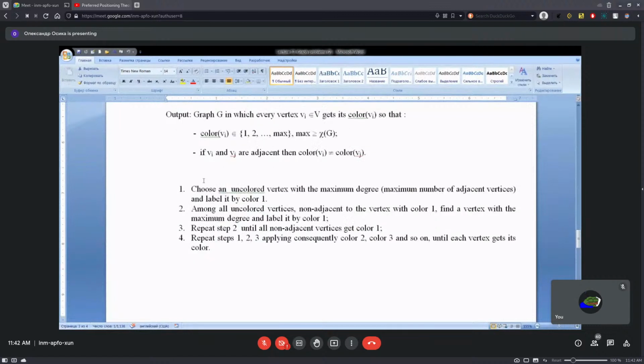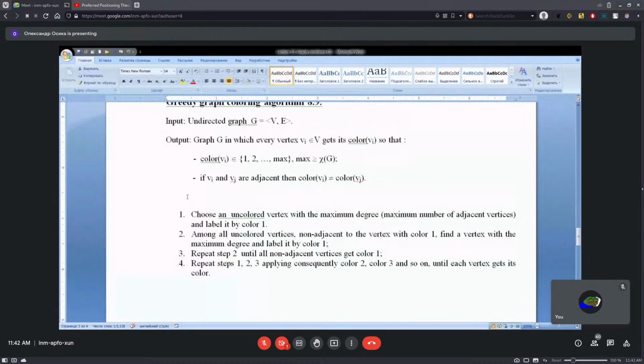And the algorithm is simple. Step 1: choose an uncolored vertex with the maximum degree. Maximum degree means a maximum number of adjacent vertices, because the degree of a vertex is the number of adjacent vertices.